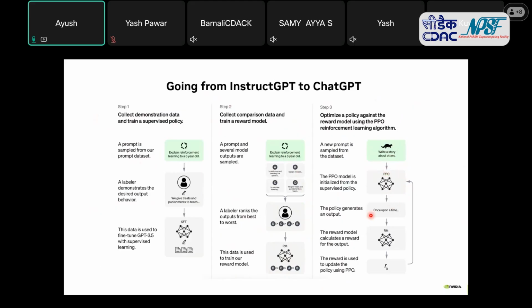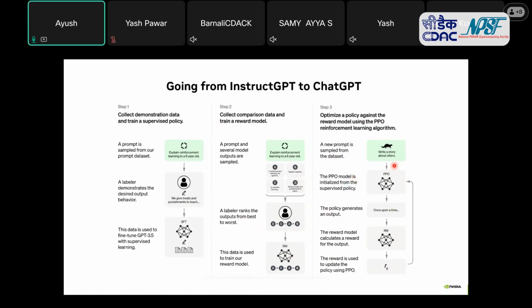Now this generates your output. The generated output is scored by the reward model that has been learned in step 2. Whatever score it gives, we call it reward, because we called it the reward model earlier. This reward is now used to train the parameters of your original SFT model.